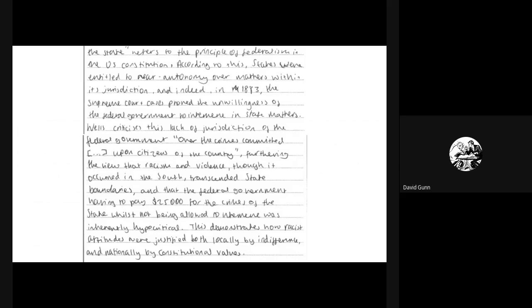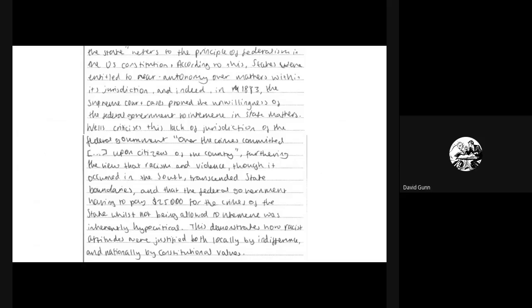According to this, states were entitled to near autonomy over matters within its jurisdiction. Indeed, in 1883, the Supreme Court cases proved the willingness of the federal government to intervene in state matters. Wells criticizes this lack of jurisdiction of the federal government over the crimes committed upon citizens of the country.